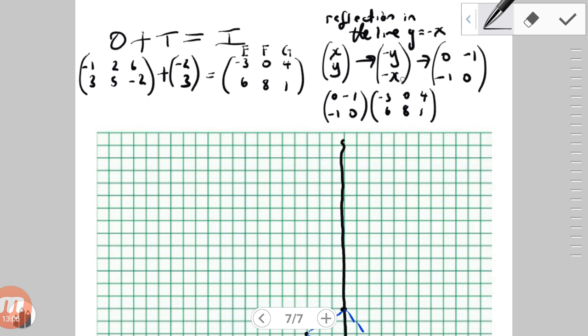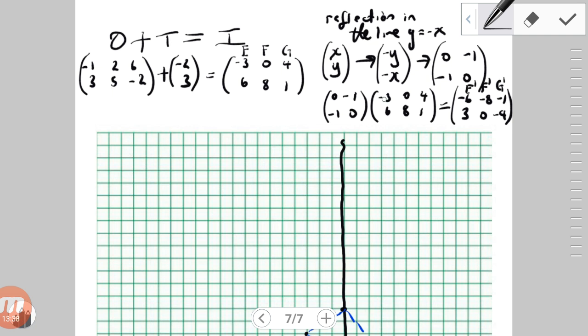And after multiplying it, once you know how to do row by column matrices, you would find out that the exact change that I had predicted is what's going to occur. So you're going to have a flip in the minus 3 and the 6, so it becomes minus 6, positive 3. A flip in this, you would have minus 8, 0 cannot be negative, and a flip in this would have minus 1, minus 4, and those would have been the coordinate values of E prime, F prime, G prime.